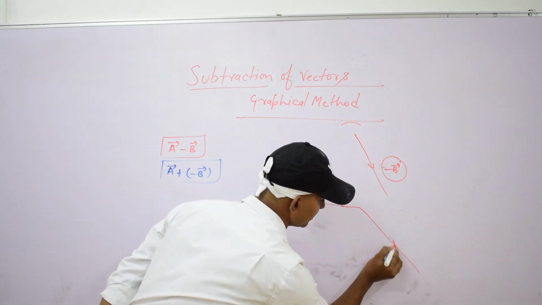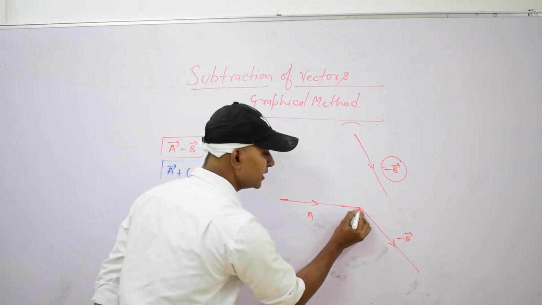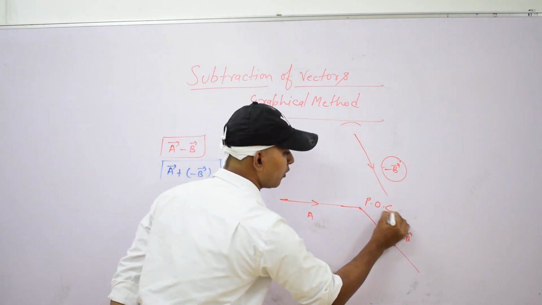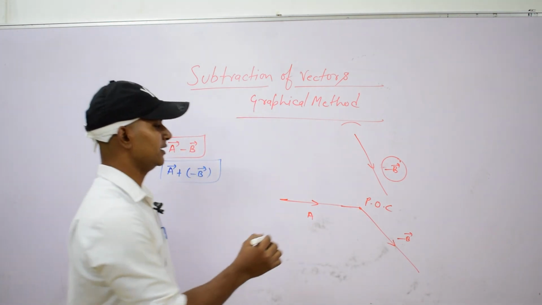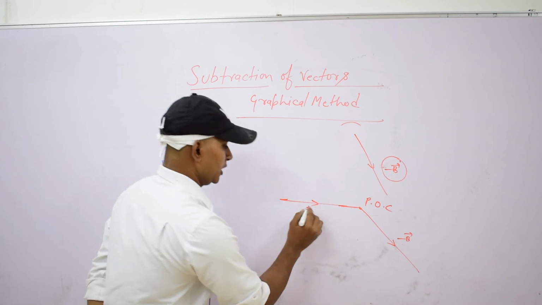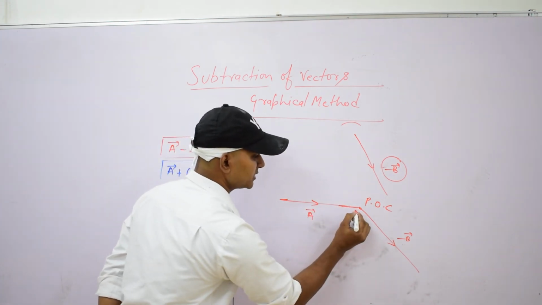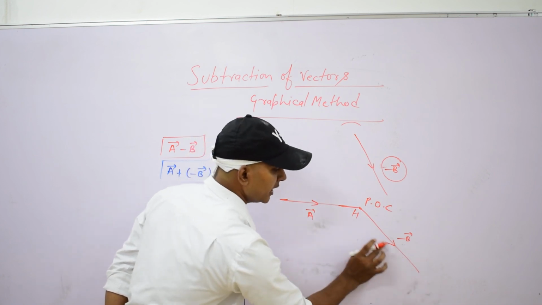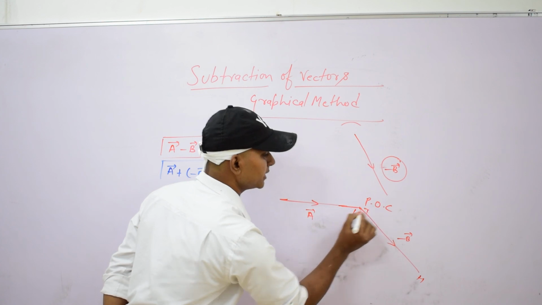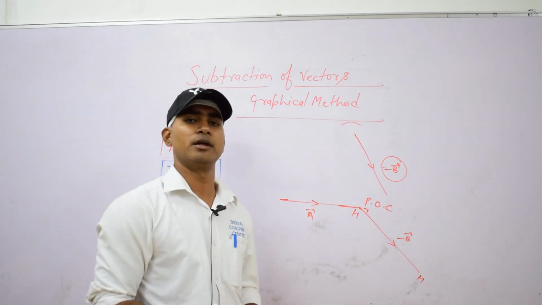This is our vector minus B. This is our point of contact where the vectors meet. The arrow is towards the right side of vector A. So this is the head of vector A, but its arrow is in a downward direction, meaning it is head and it is tail. So at the point of contact, one head and one tail should be there.